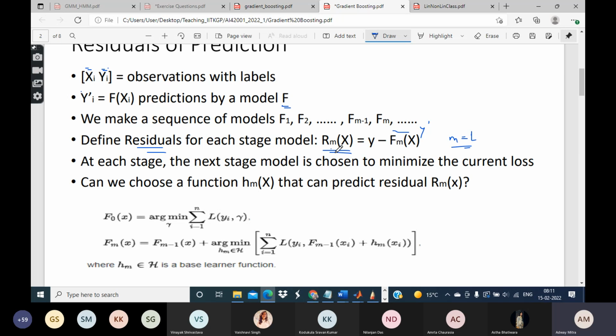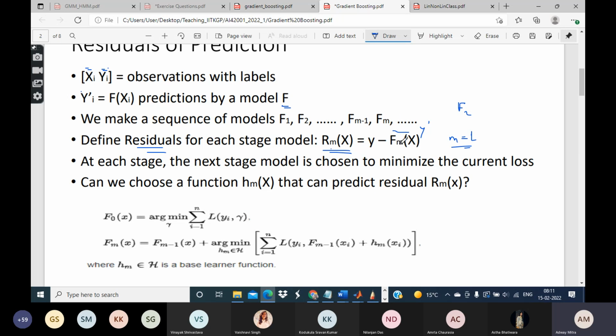So this is basically the residual, or the difference between the true label and the predicted label. So the question is now how to get the next model F2. In case of AdaBoost, we saw how that F2 is selected by giving additional importance to those points which have been incorrectly classified.